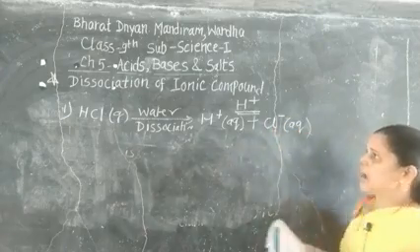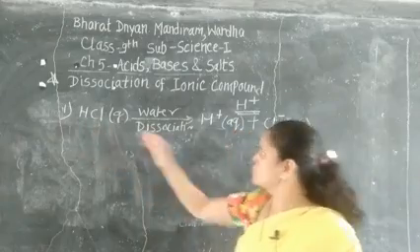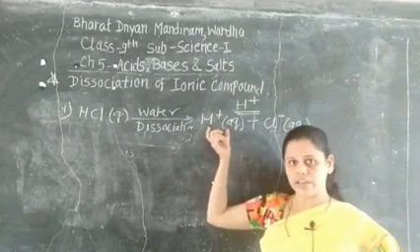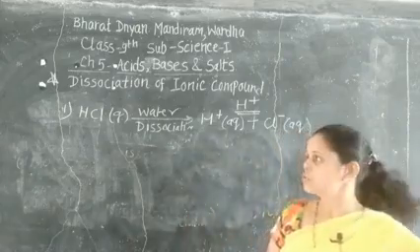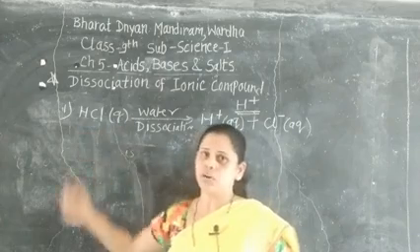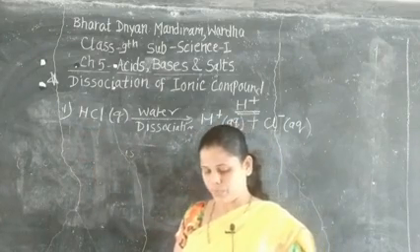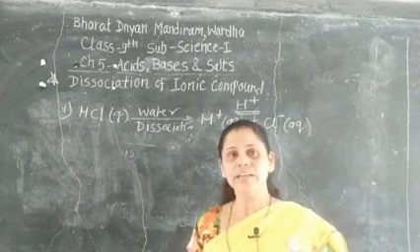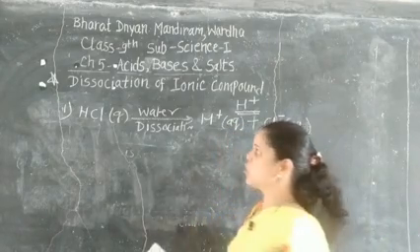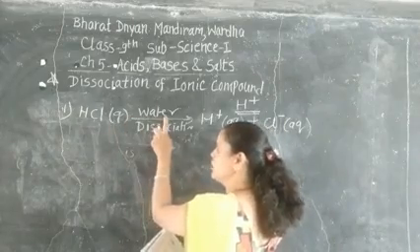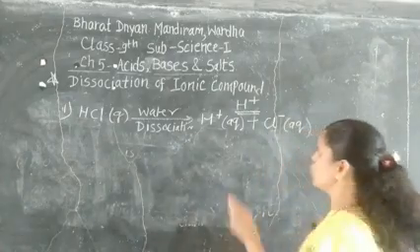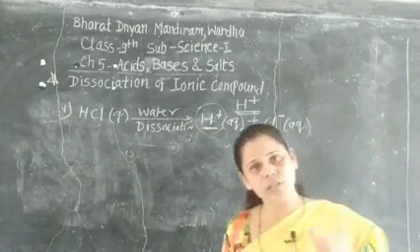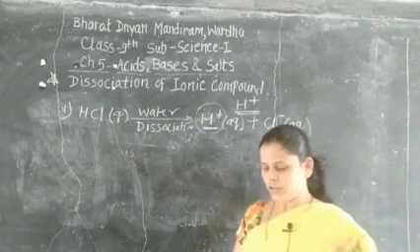After dissociation, H+ is formed as a cation, so that substance is called an acid. Again I repeat the Arrhenius definition of acid: an acid is a substance which on dissolving in water gives rise to H+ ion as a cation. Cation means positive ion. So that substance is called acid.